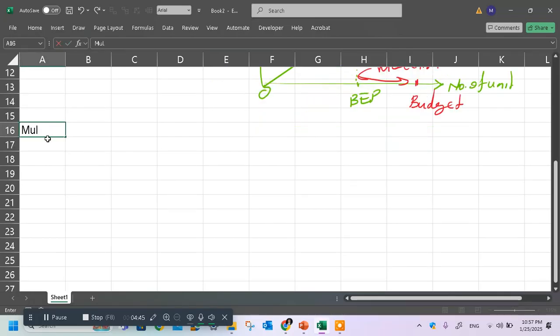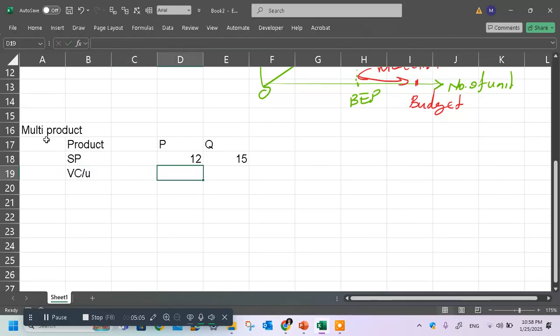Multiple product. Say product P and Q. Selling price 12, 15. Variable cost per unit 4, 9.